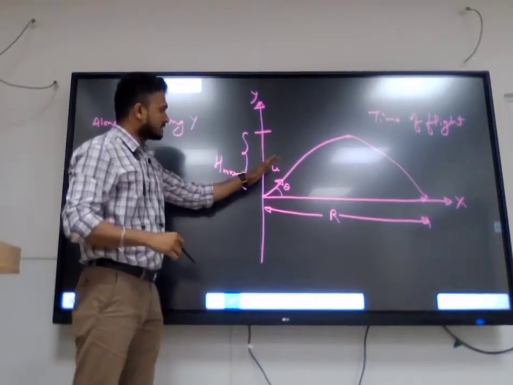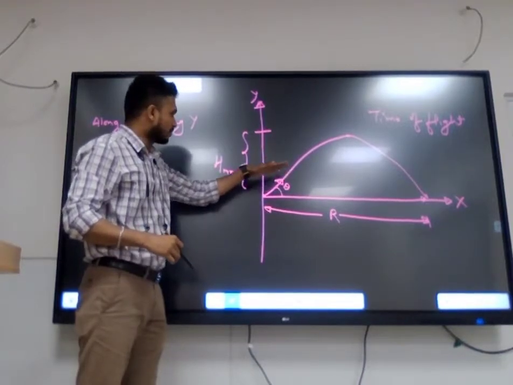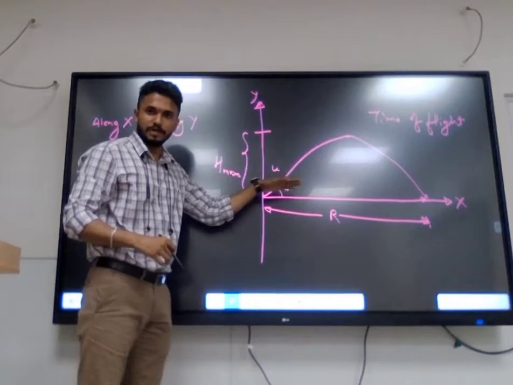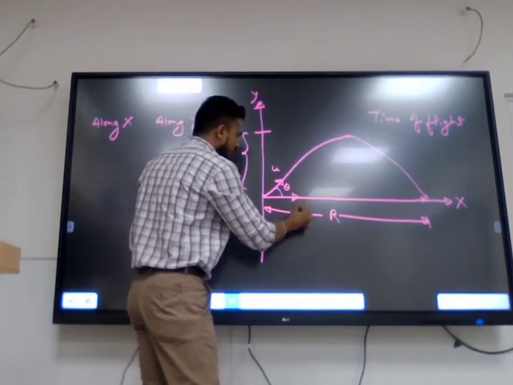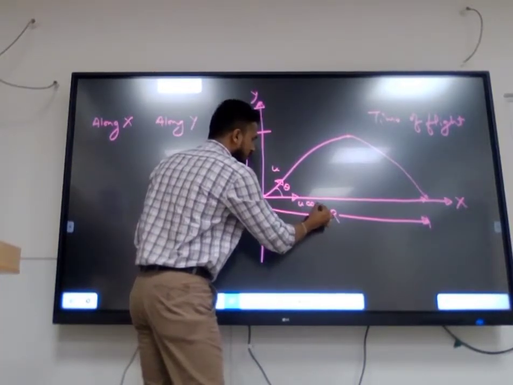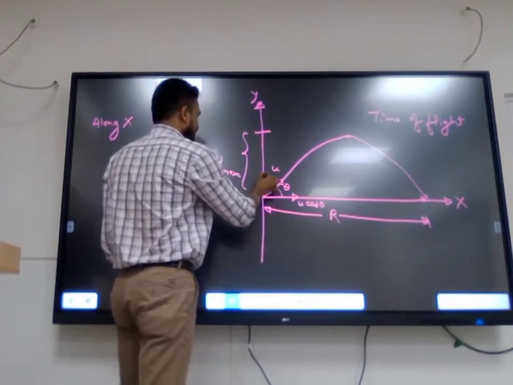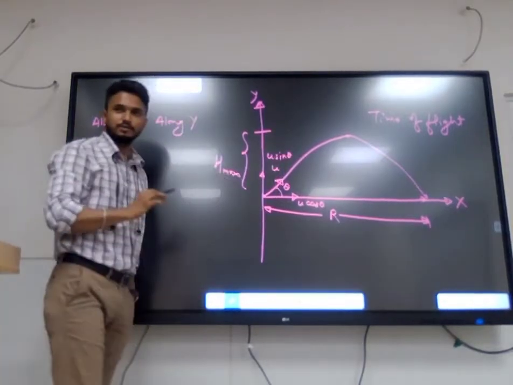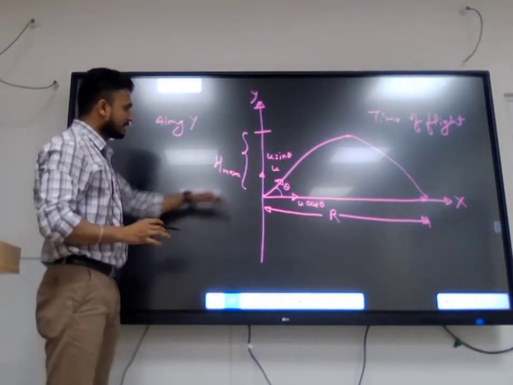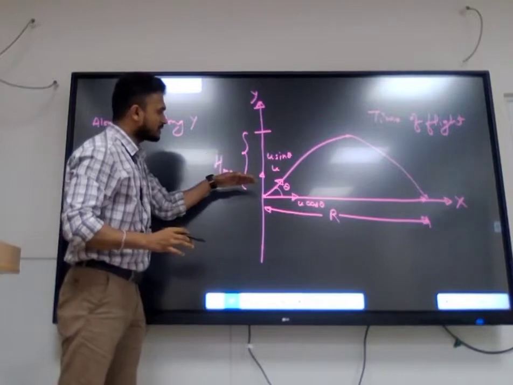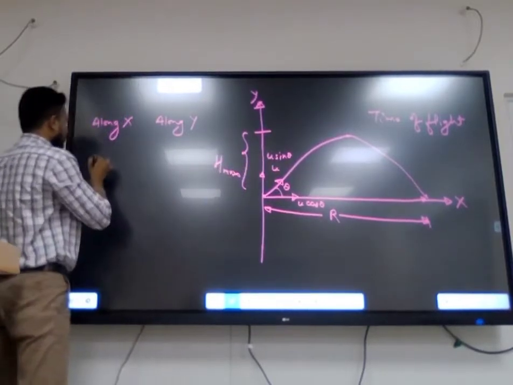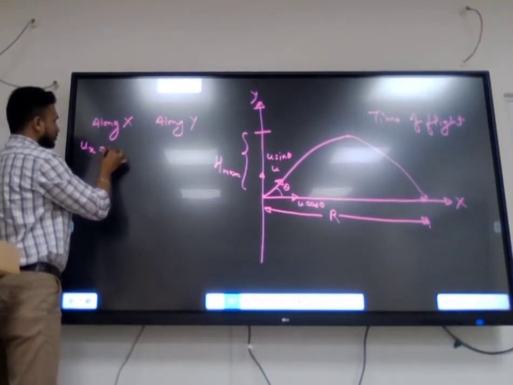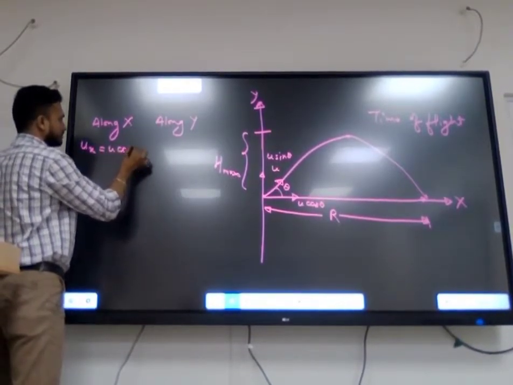When we resolve this initial velocity into two parts, the horizontal direction and the vertical direction, since the angle is with the horizon, the horizontal component will be u cos theta, and similarly the vertical component will be u sine theta. So simple. Now we can say that the initial velocity along x, ux, is u cos theta.